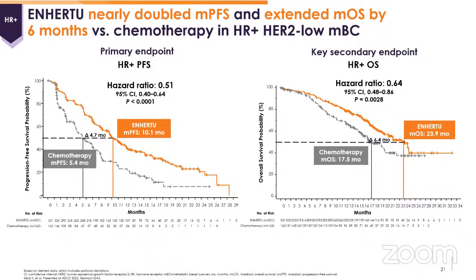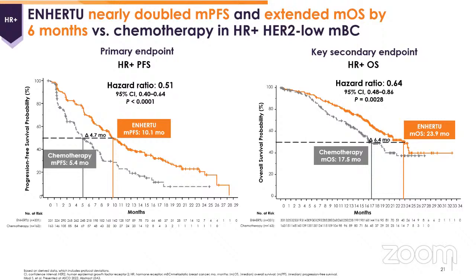The hazard ratio is 0.51. That is almost a 49% relative risk reduction of progression or death, with almost a doubling of PFS. Similarly, there is a 6.4 months absolute difference in median OS, with a hazard ratio of 0.64. So, a 36% relative risk reduction in death.